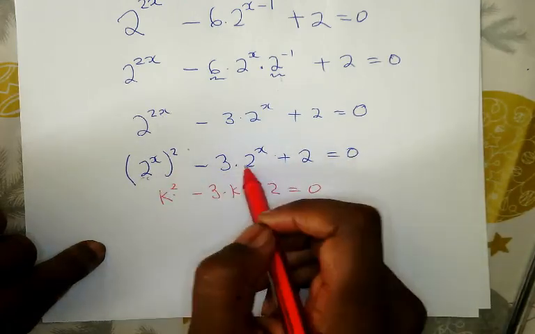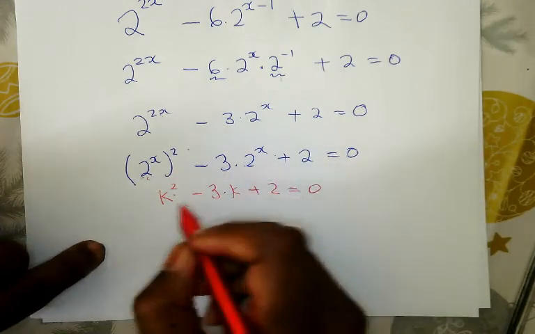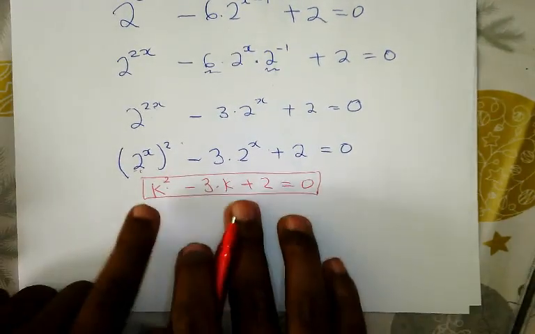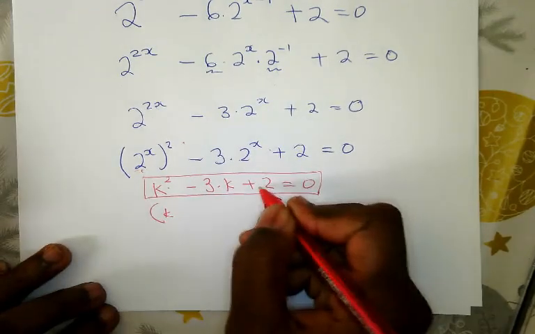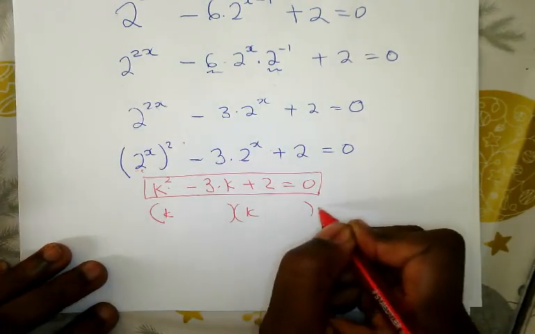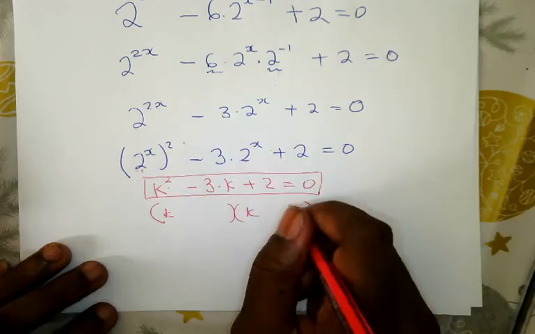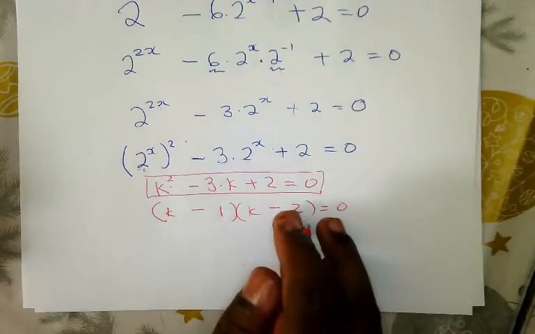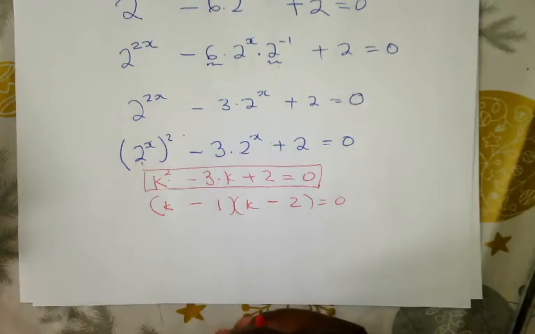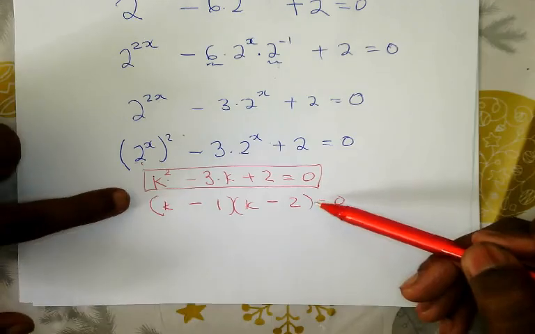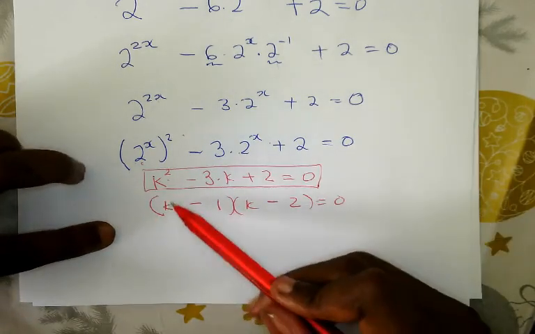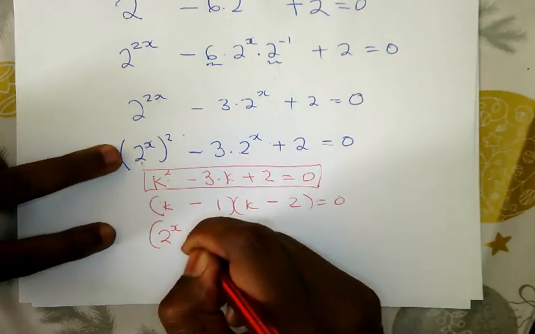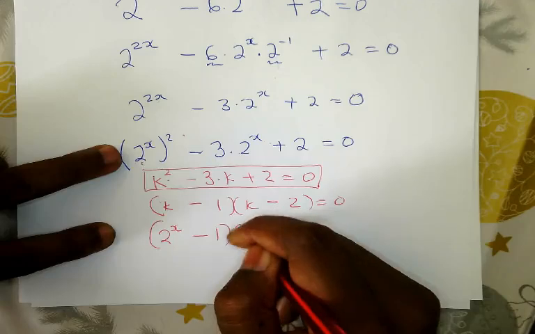Do you all agree? I hope you see it. And if I were to factorize this, what are the factors of 2 that will give me 3? That's 2 and 1, and they're both minus. You get it? So this means I can actually write, in the place of k, 2x minus 1 and 2x minus 2 equals to that. Can you all see? I hope you see it.